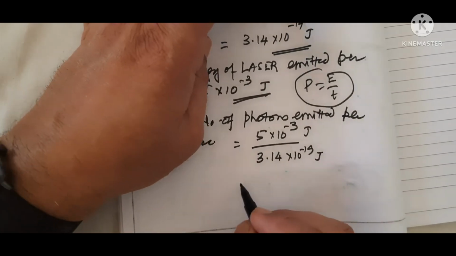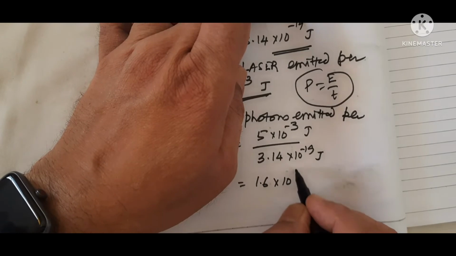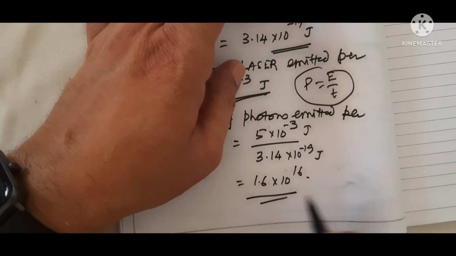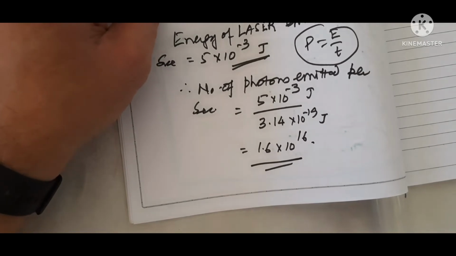So that comes out to be, if you calculate, 1.6 into 10 to the power 16 photons, the number of photons emitted per second.